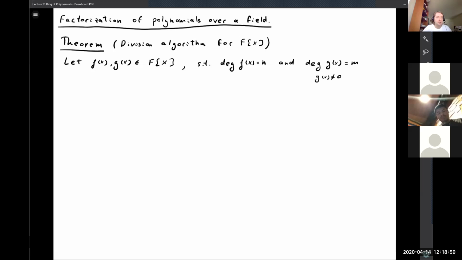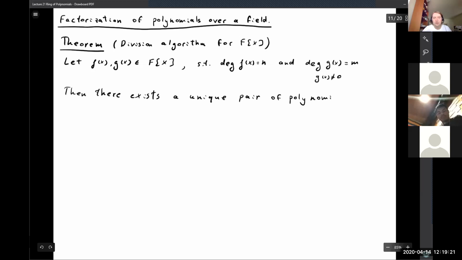Just remember that this is kind of annoying, but you always have to talk about the zero polynomial separately when you talk about the degree. Okay, so the statement of the theorem is that there exists a unique pair of polynomials, q of x and r of x, which stand for the quotient and the remainder of the division, of course, such that, first of all, f of x can be written as q of x multiplied by g of x plus the remainder term, r of x.